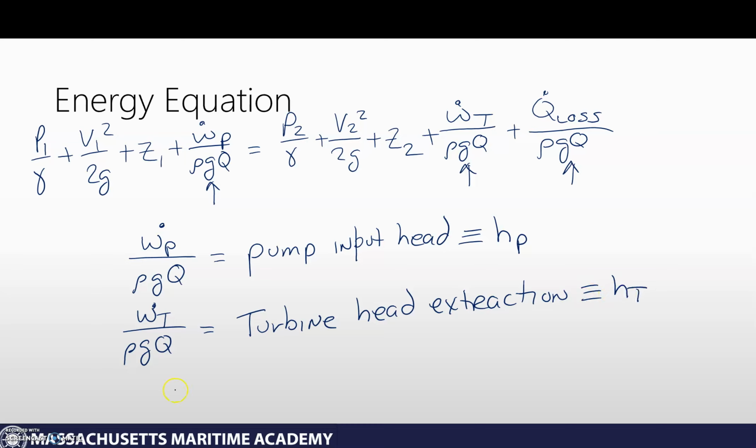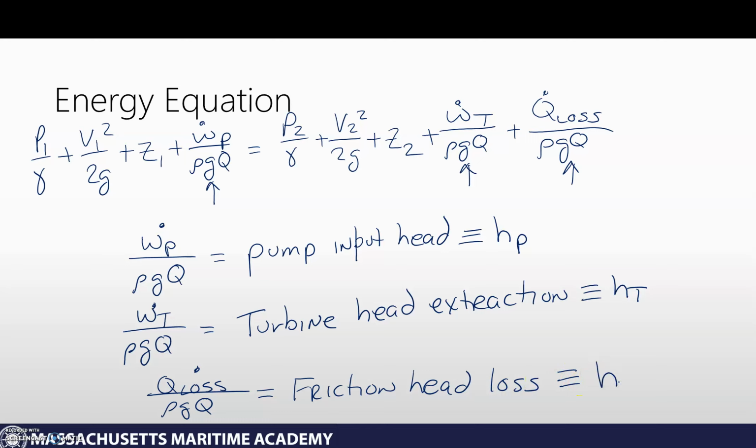Now this Q loss term, remember, we're talking about the frictional effects in the fluid. This is going to be called our friction head loss. And we will define that as H sub F. You will also see this as H sub L in some texts.